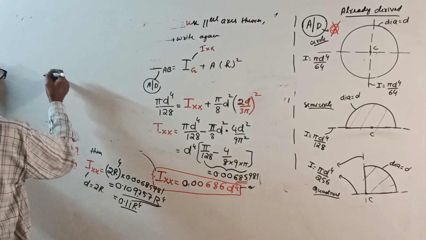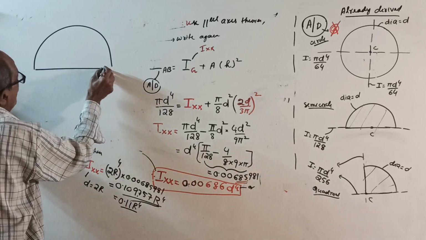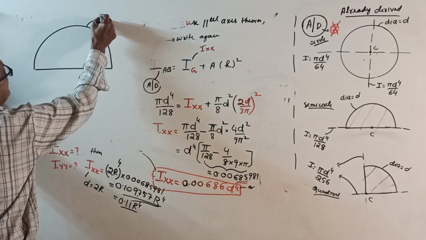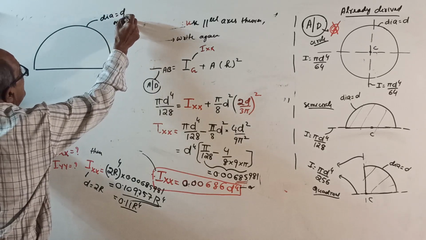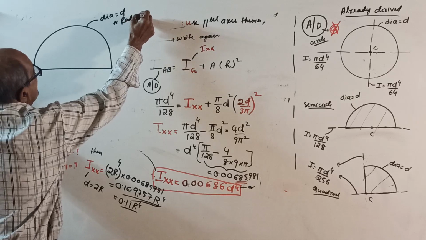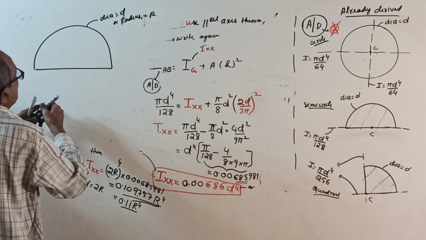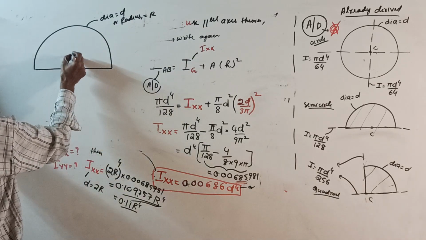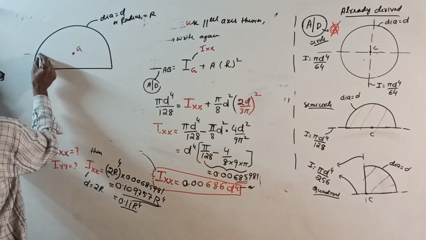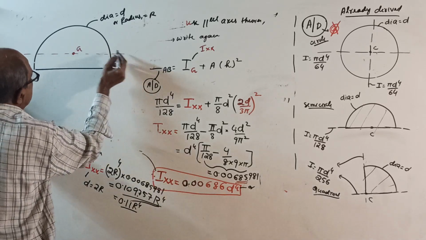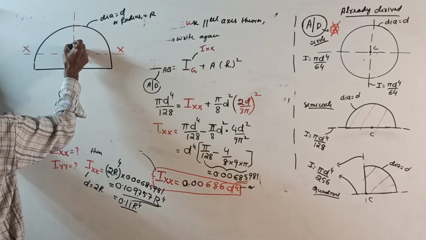If a semicircle is there of diameter equal to d or radius equal to r, remember now, for this one the centroid is here, G. If I take a light line here, this is your x-x axis and this is your y-y axis.